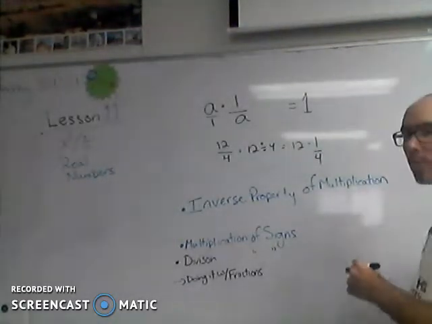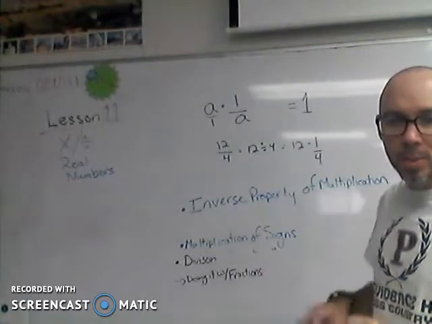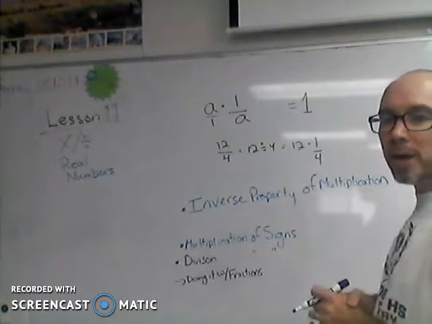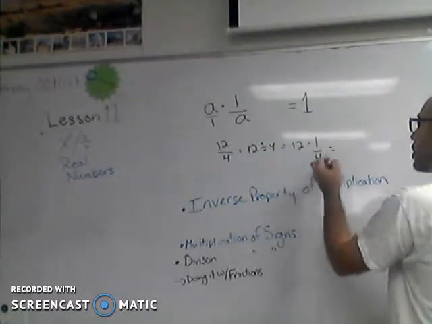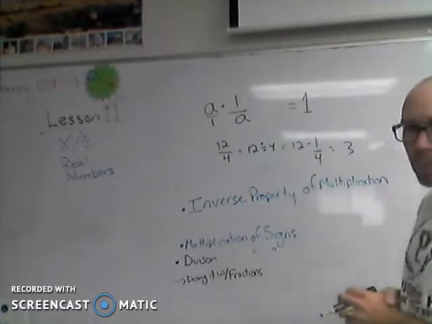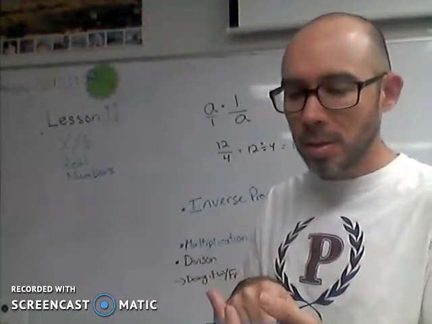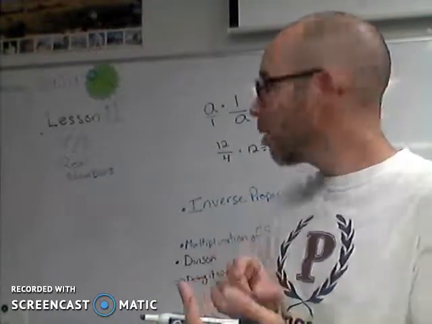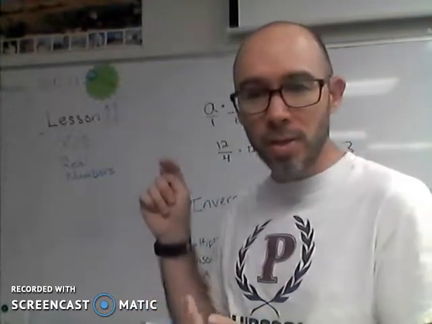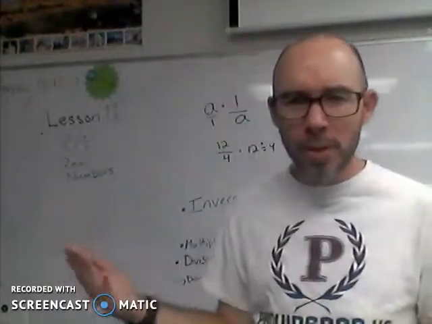That's awfully handy when we need to pull things apart, especially when we start throwing more letters in there. And so there we go. 12 times 1/4 is 3. You can even try that on your calculator. Type it in that way: 12 times, get a fraction by going alpha x, and then plug in 1/4. You'll hit enter. You'll get 3. We already know that's true.